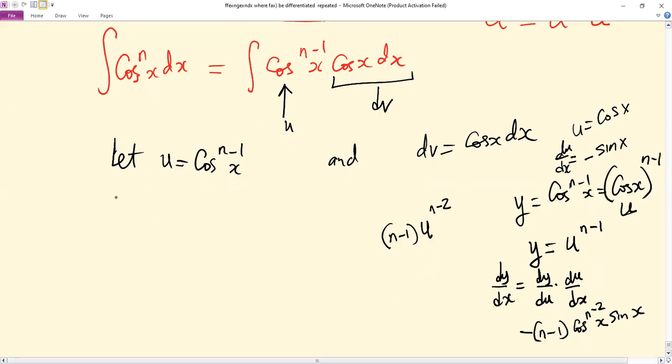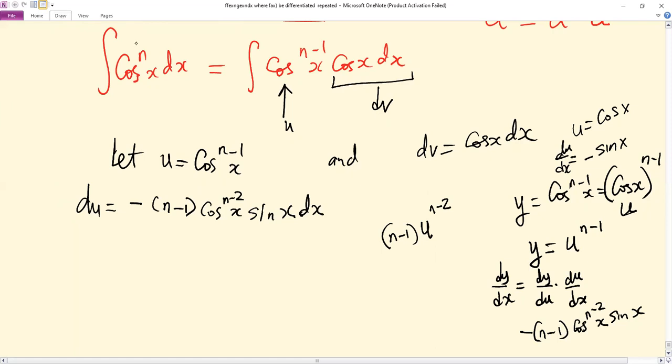Therefore, du is given by negative n minus 1 cos power n minus 2 of x times sine of x dx.